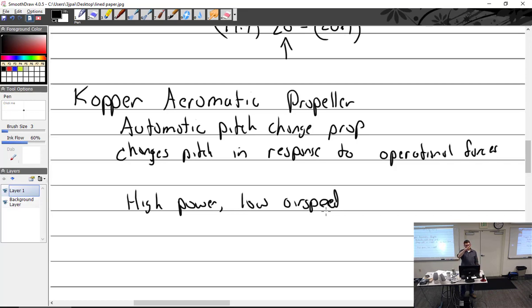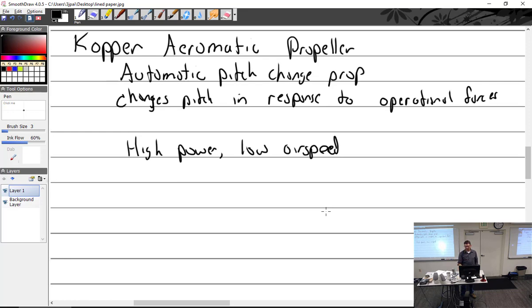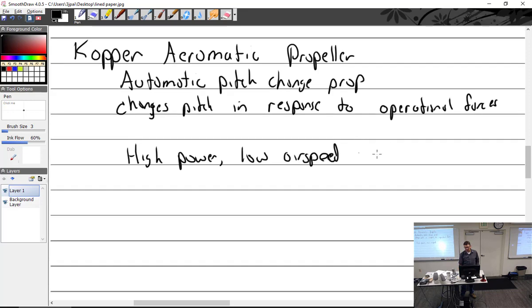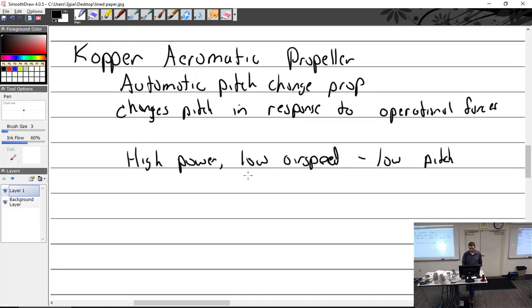That's low airspeed going up. That's what kind of pitch? Low pitch. So that would be high power, low airspeed. I'm going to want it in low pitch, which will give me high RPM. All right, so high power, low airspeed, that's going to be a climb.